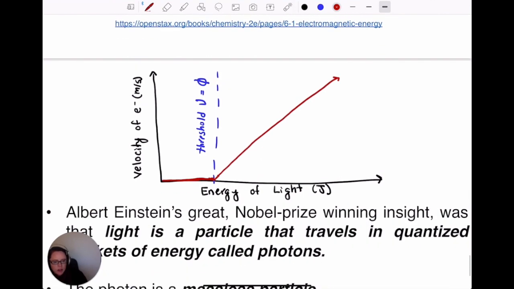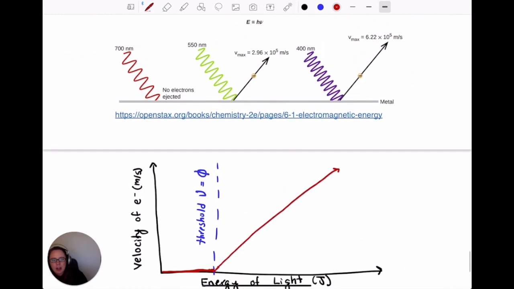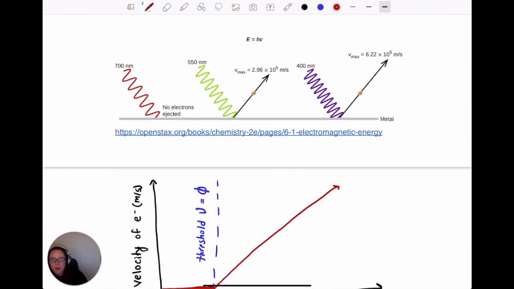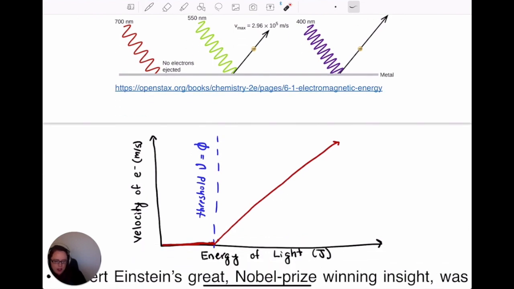Okay, so this is another phenomenon that was confusing to scientists, because if we know that the energy of light is equal to Planck's constant times the frequency, it seemed reasonable to think that you could shine red light onto a piece of metal and that it would keep absorbing the energy, and eventually it would pop off an electron.